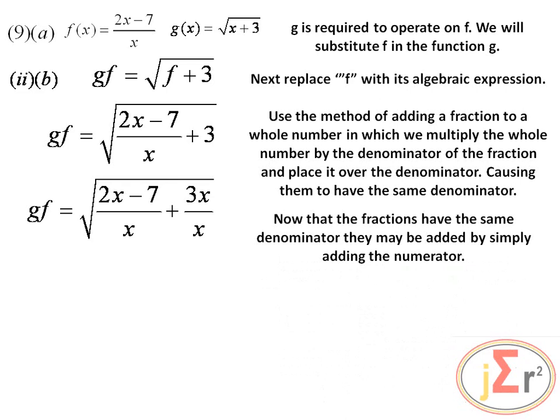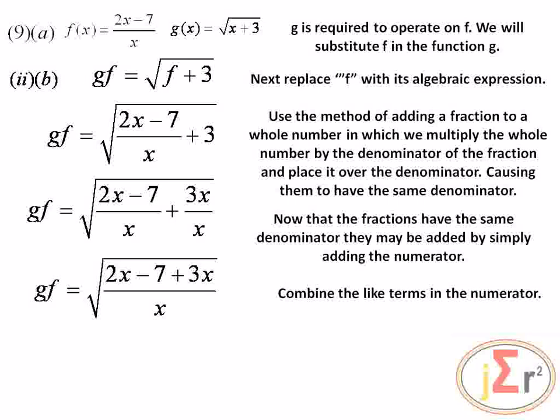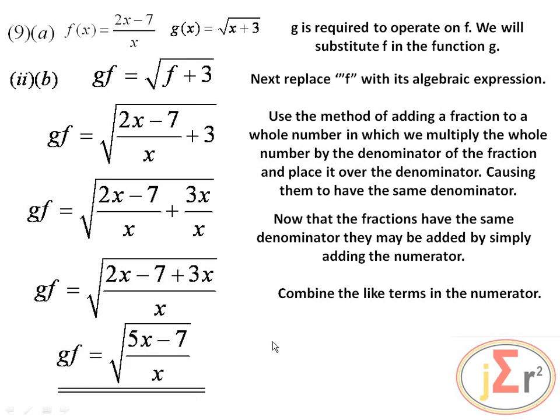Now that the fractions have the same denominator, they may be added by simply adding the numerators. In the numerator, we have like terms, and they will be combined. The 2x and the positive 3x, that's 5x. So we have g of f of x is equal to the square root of all of 5x minus 7 over x.